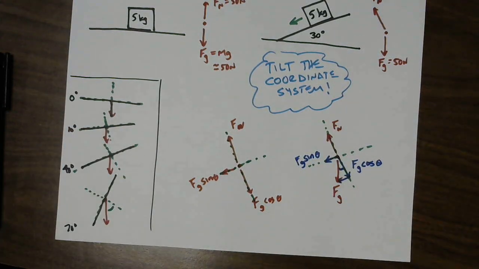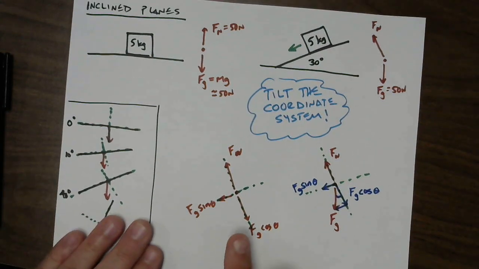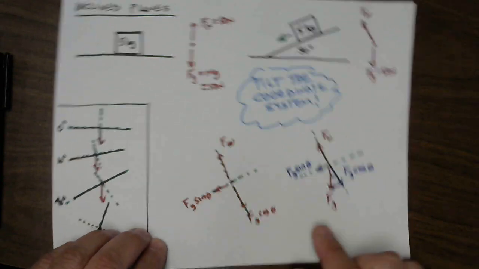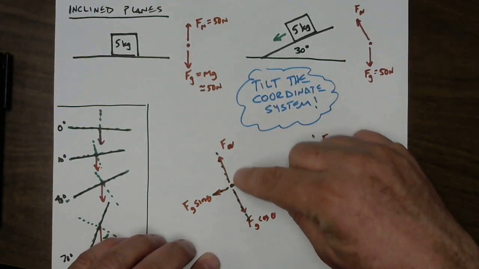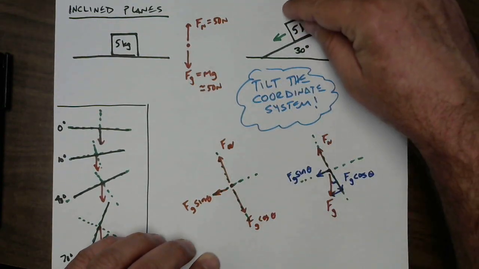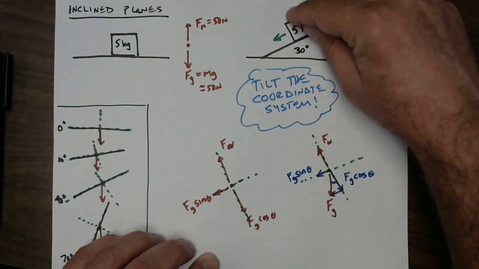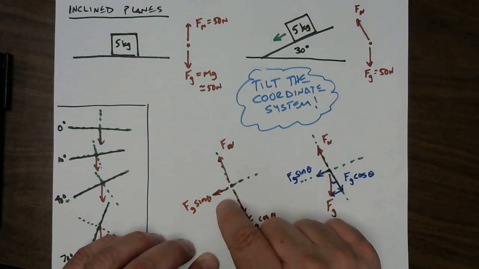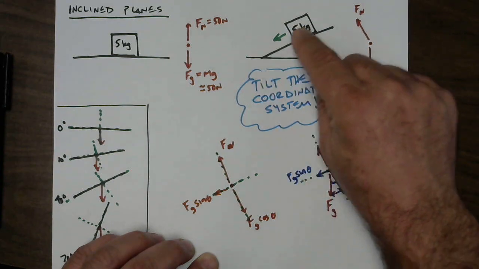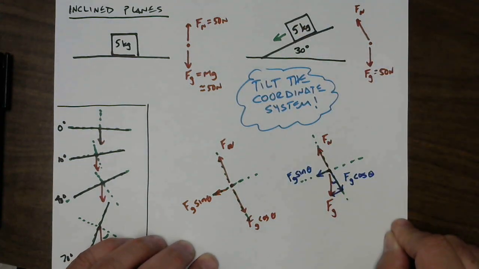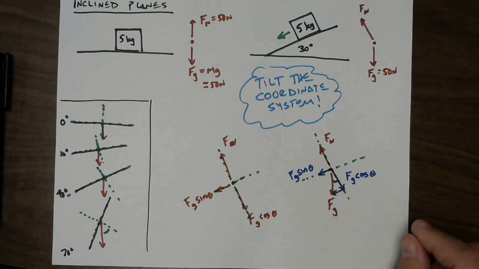Okay, with this new free body diagram, it's really easy to see what's going to happen. These two forces here are going to balance each other out, and the box is not going to accelerate perpendicular to the ramp. But this force here is going to produce the acceleration, the sliding of this box down the ramp.